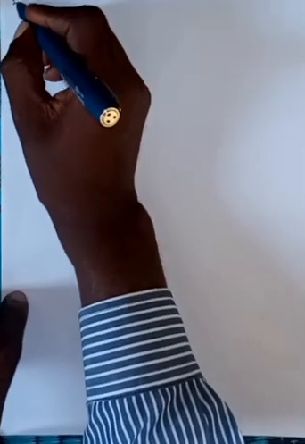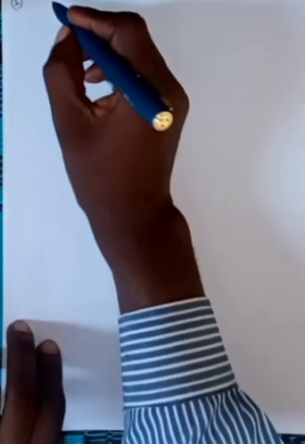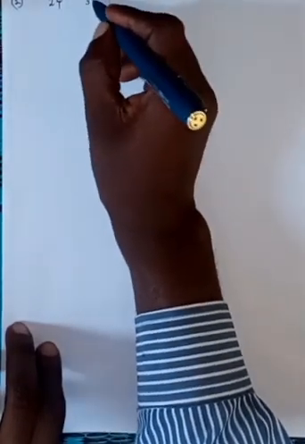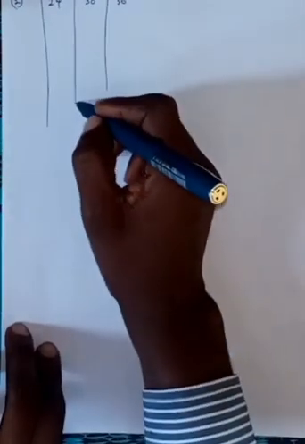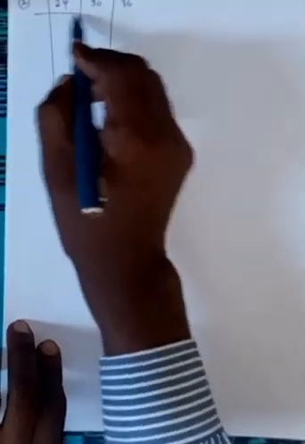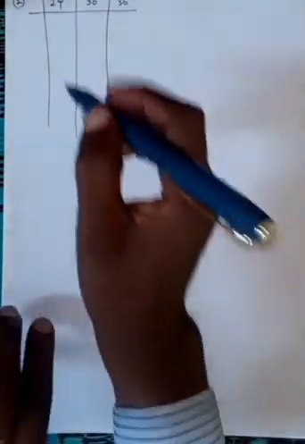And finally, we want to discuss the second question. In number 2, we are asked to find the LCM of 24, 30 and 36. Remember, our aim is to reduce each number we have here to 1.